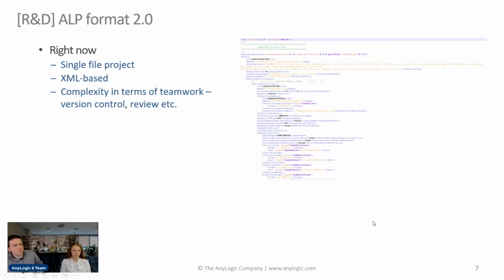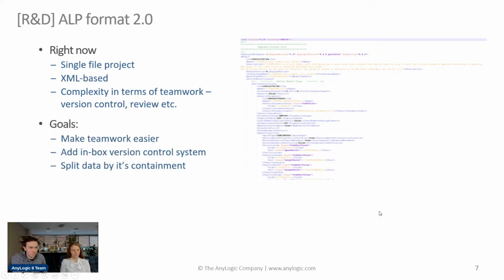Due to this fact, the requests we receive from you as feedback, and our internal requests, we are thinking about how we could make teamwork easier, how we could add an in-box version control system, and how to split this data by its containment, because I think it would be rather easy to develop a model not with a single file, but with a project.